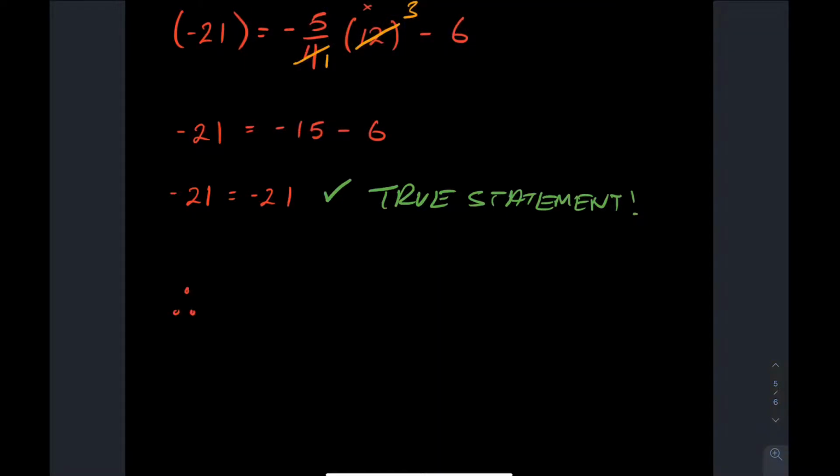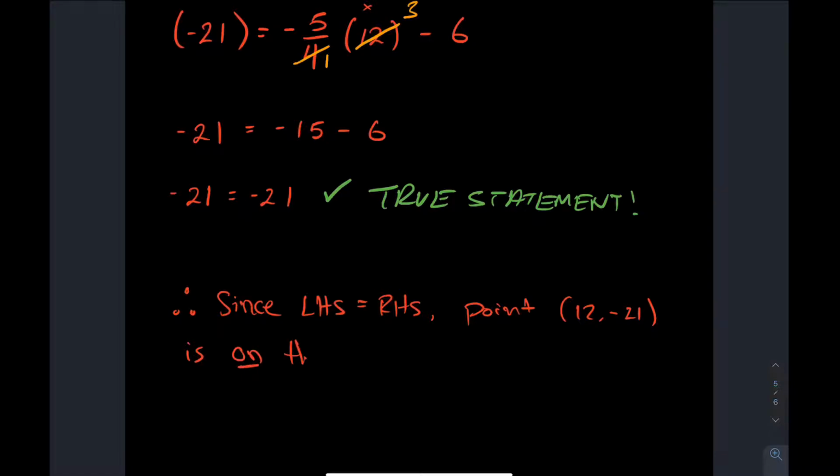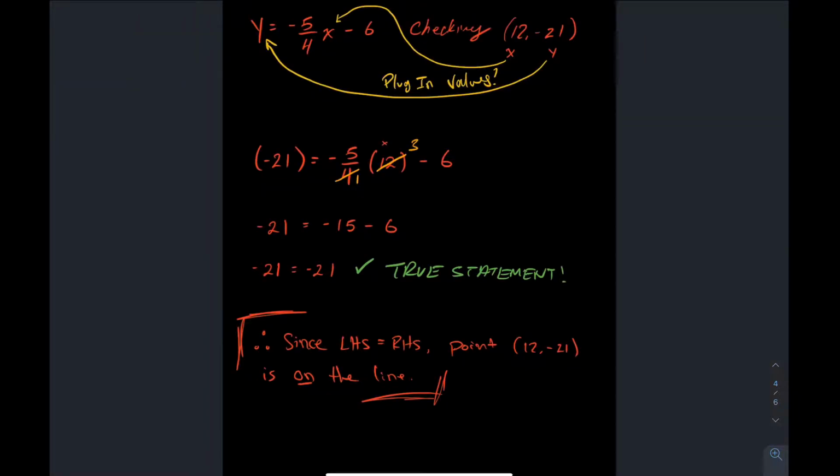So therefore, since left-hand side equals right-hand side, and it's good to leave these comments too, the point 12, negative 21 is on the line. That's it.